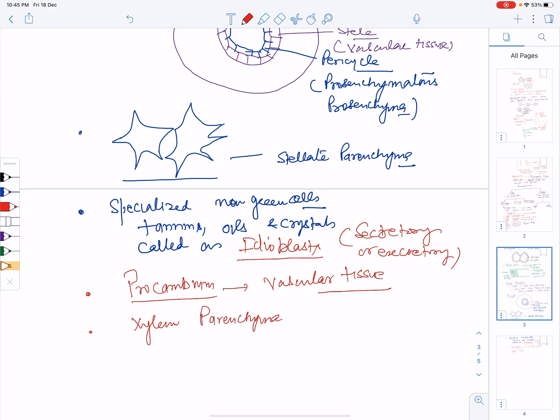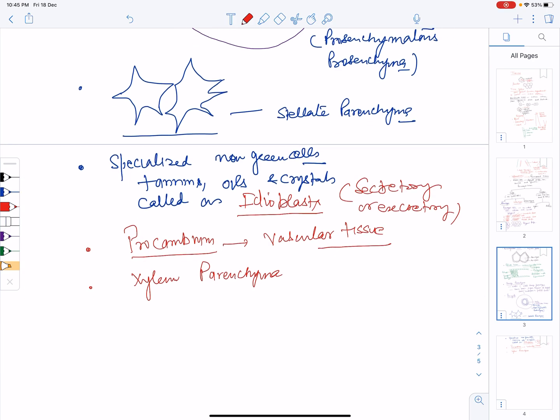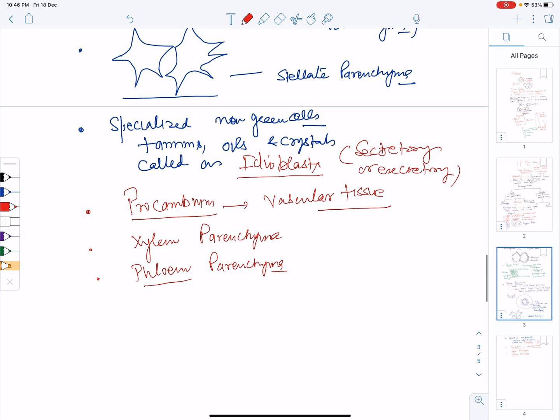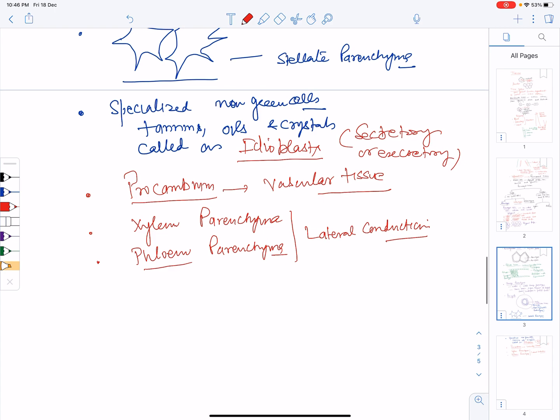Xylem is the vascular tissue which helps in transportation of water and minerals. Then second is the phloem. Phloem parenchyma is present in the phloem and helps in storage of the food. So xylem parenchyma and phloem parenchyma, whenever they are present in xylem and phloem, may also help in lateral conduction of water, minerals and nutrients. So this is all about different kinds of parenchyma cells.